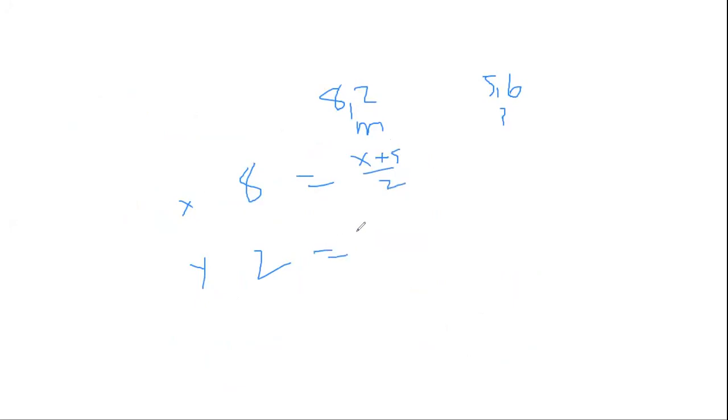For y, we're going to have y plus 6 divided by 2. Got to get rid of those fractions. Multiply both sides by 2. So it cancels here. Gives us 16 equals x plus 5.